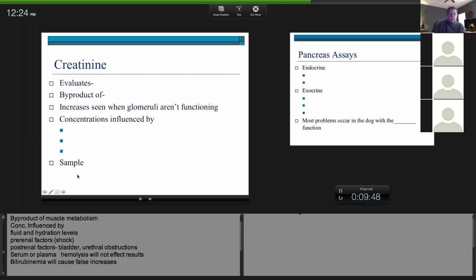Serum is preferred, and hemolysis tends to not affect the results. Anytime a sample is hemolyzed, you need to note it in the record or on the lab form, because as the doctor looks at the results, if any value is out of whack, they're going to look back and ask, was this a hemolyzed sample?